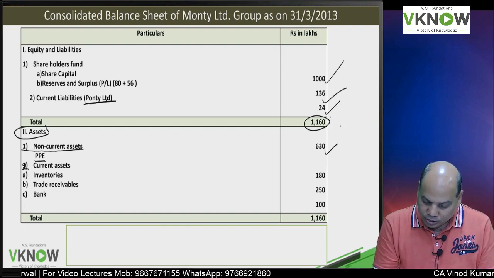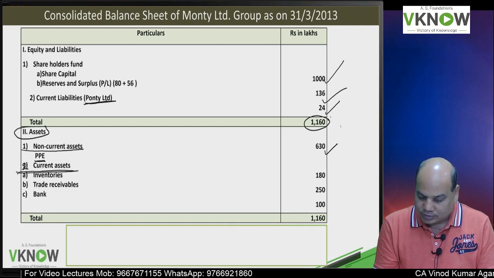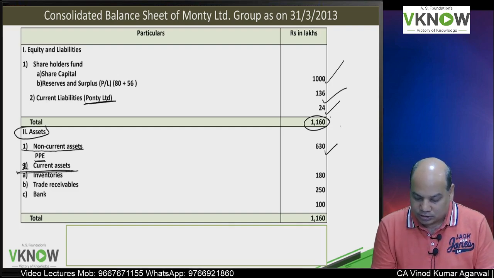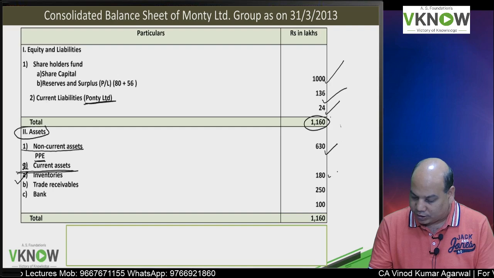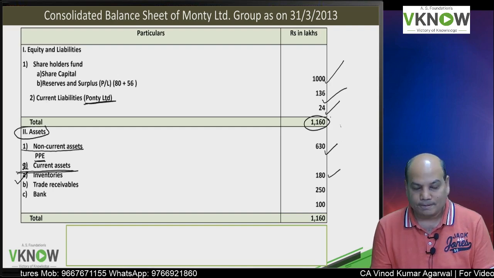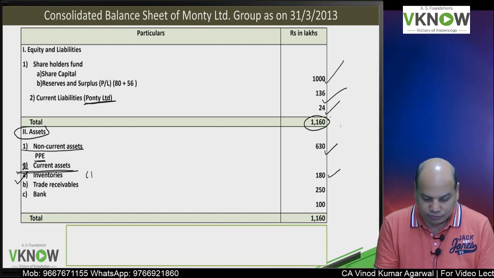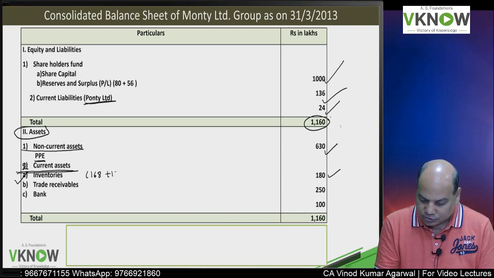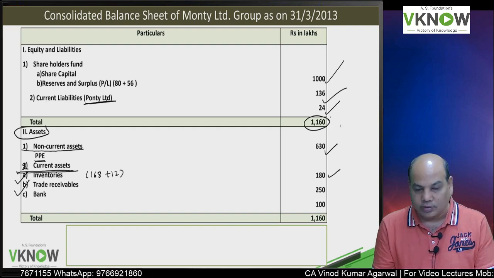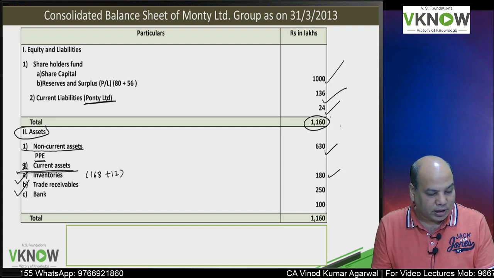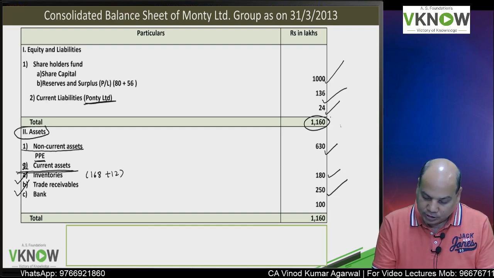Then point number 2, write down current asset. Under current asset write inventory 180, closing stock 180. Already we have discussed 168 plus 12. Trade receivable, from the trial balance, debtor 250.